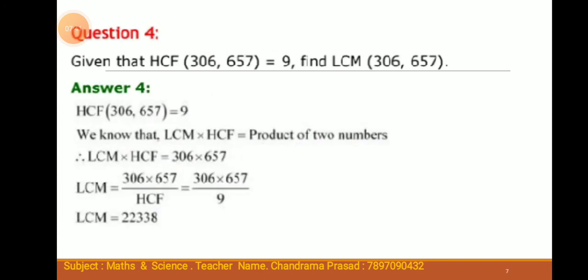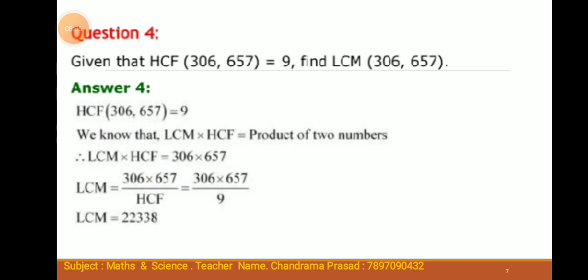Question number 4. Given that the HCF of 306 and 657 equals 9, find the LCM of the given numbers. Since HCF equals 9, students, you know that LCM into HCF equals the product of two numbers.